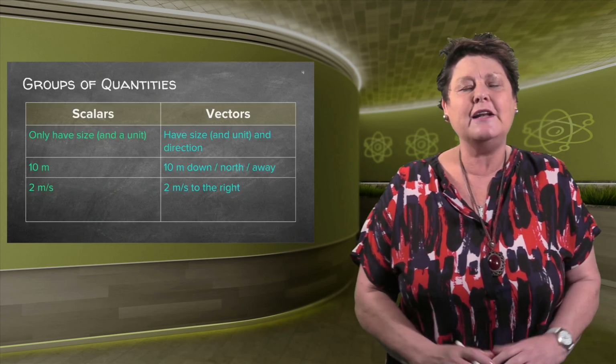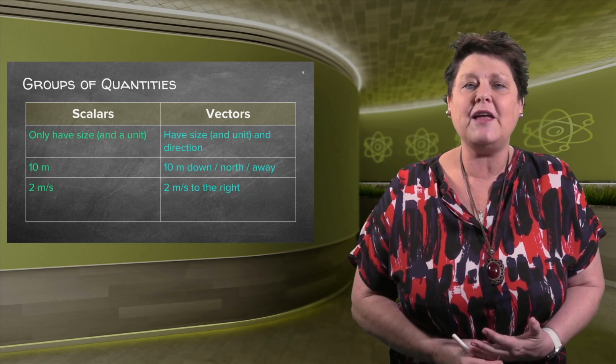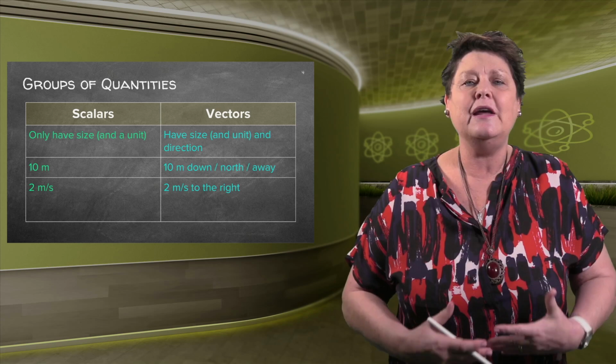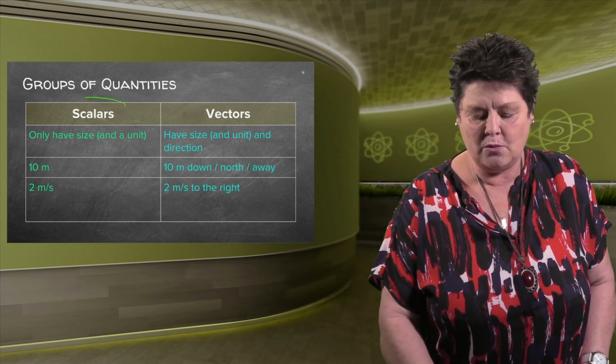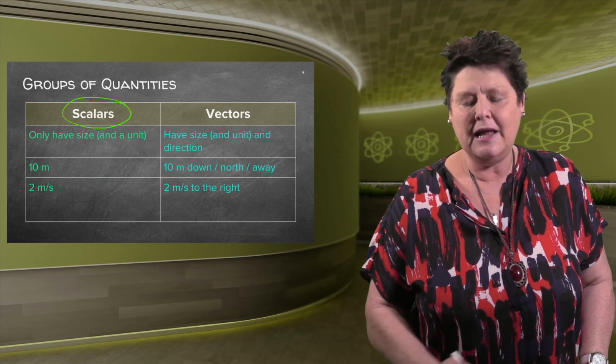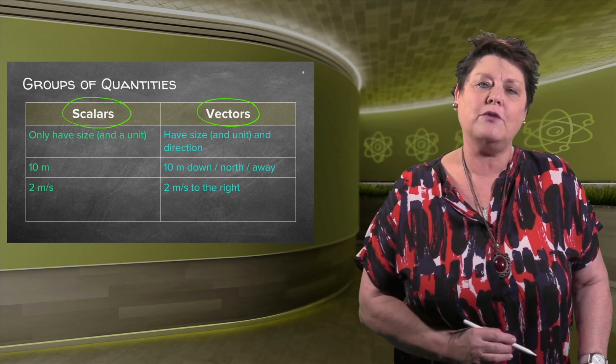Today, we are going to focus on different quantities, a concept that you will only learn in this lesson. And that is the difference between the word scalar and the word vector. First, let's concentrate on scalar.